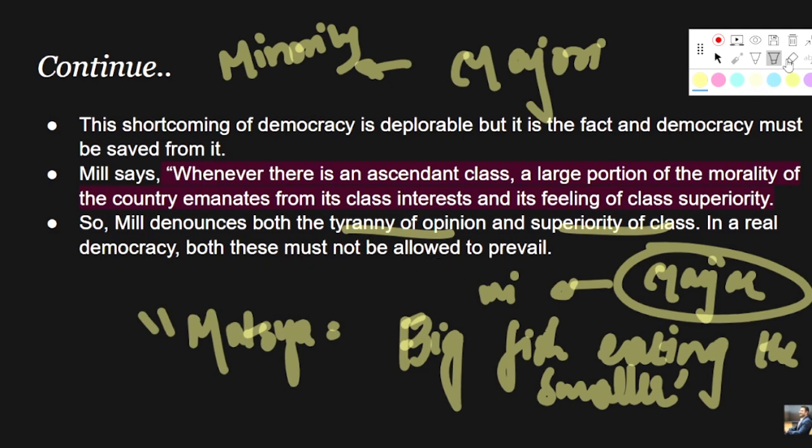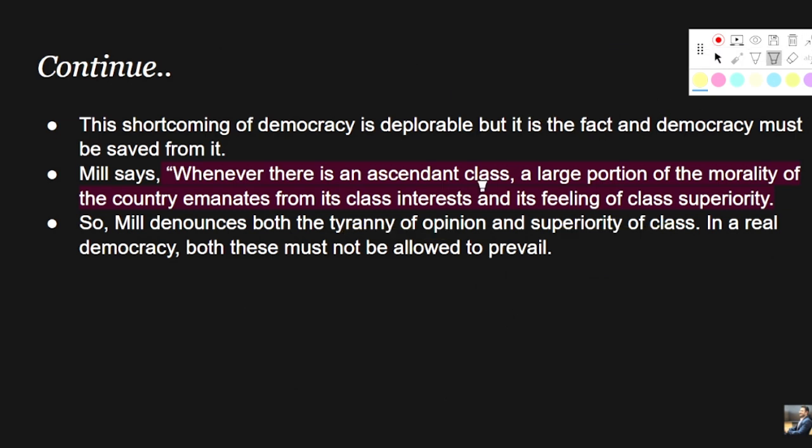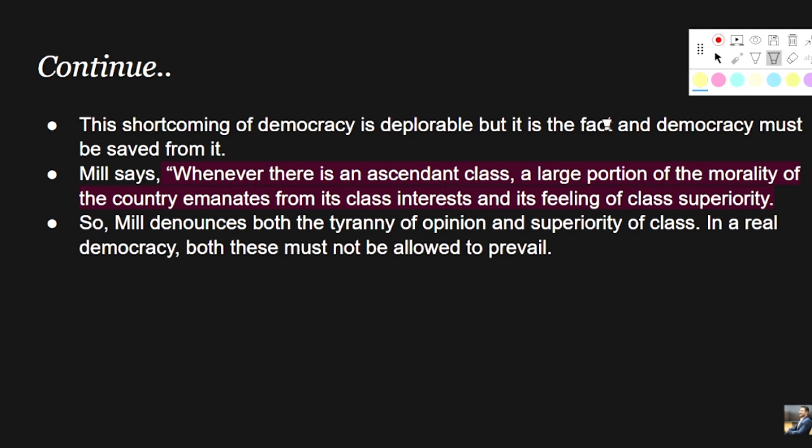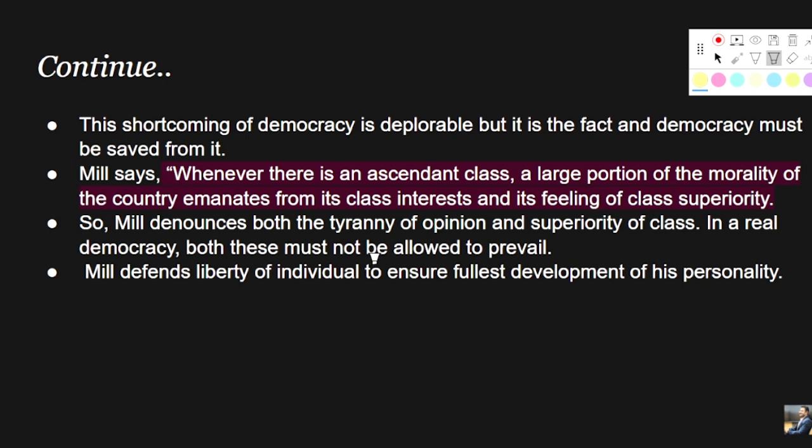This is the standard given by Mill, that in a real democracy this must not be allowed to prevail. Why? Because it will lead to the complete negation of the fundamental of democracy, which is basically the will of the people, right? If something like this is happening, it is against the basis of democracy, right? And this is why Mill is strongly arguing that this must not be allowed to prevail in any democracy.